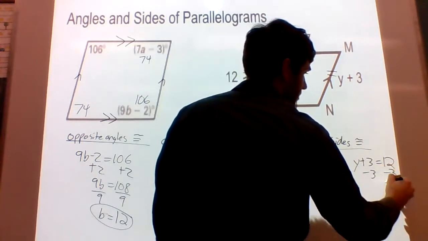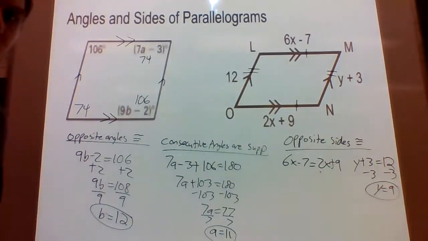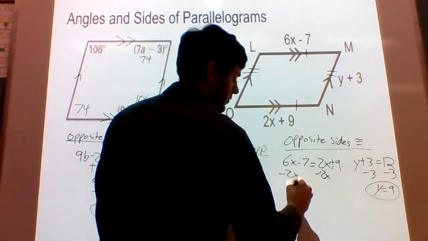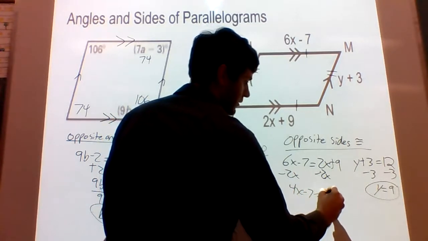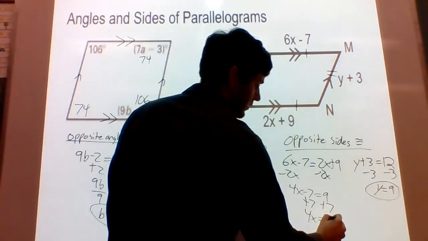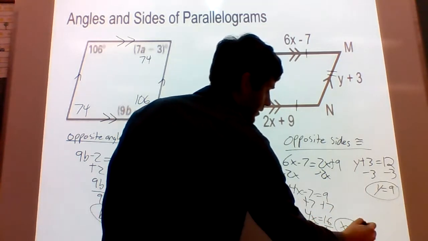Subtract 3, y is going to be equal to 9. Here we can subtract 2x. 4x minus 7 equals 9. Add 7. 4x is going to equal 16. Divide by 4. X is going to be equal to 4.